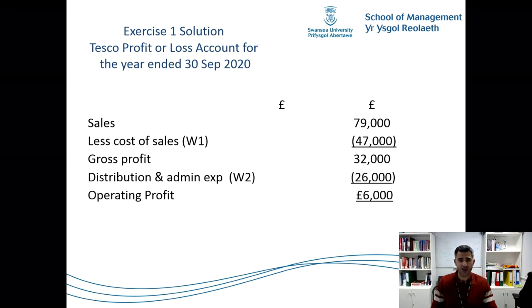Again, there is no other income in the question, such as interest received or discount received, or interest payable or tax payable. In this case, this is operating profit, 6,000, and this is the end of the question. So remember this 6,000, because we need it in order to prepare a statement of financial position in the next exam.